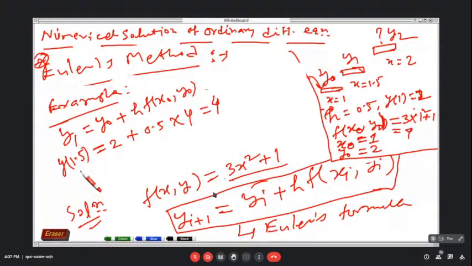So this is y1 and this is y2, if we go by this equation. So y1 is nothing but y at 1.5. Now what is y2, that is y at x is equal to 2. This is y1 plus h f(x1, y1).